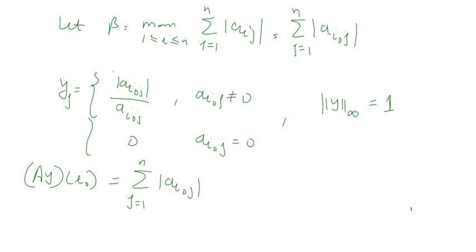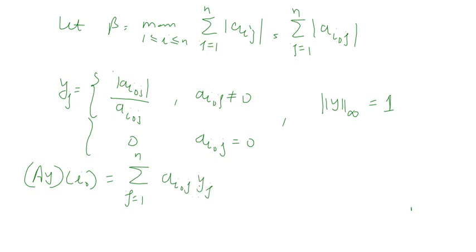Or if you wish to write more steps here, that is equal to summation j equals 1 to n of Ai naught j yj.